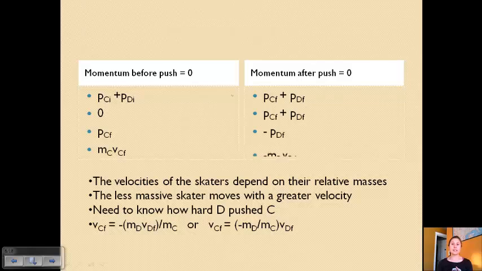And so we can look at this as the momentum final of both objects added together. And since we have momentum of C final here, that's equal to negative momentum of D final.